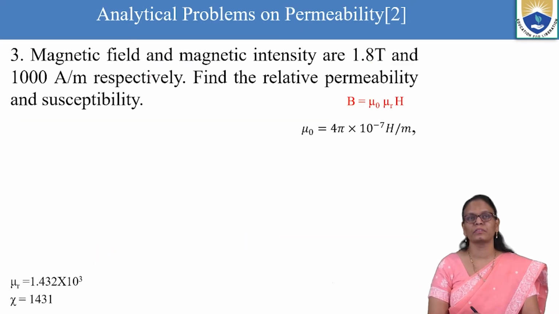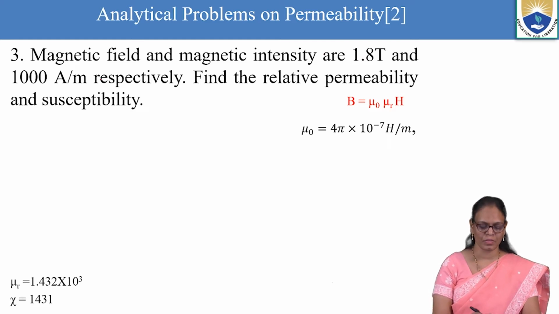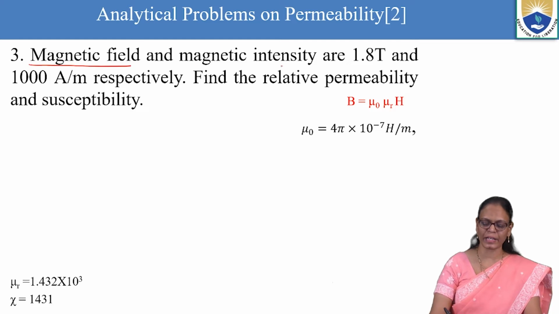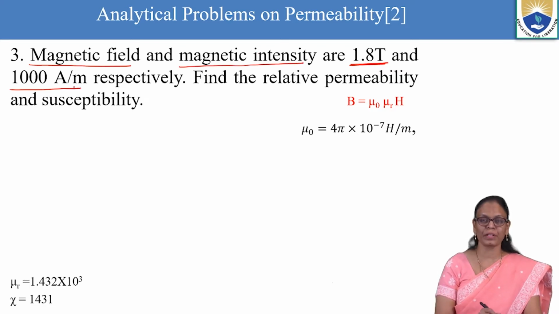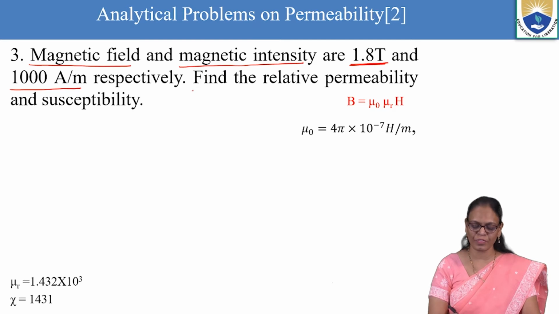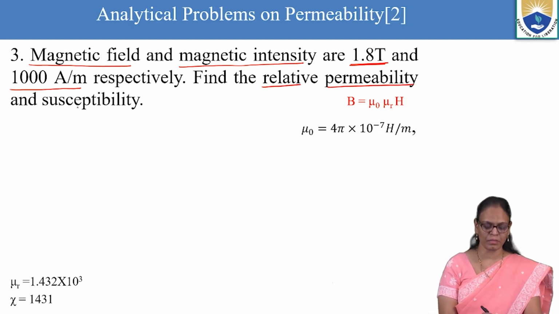So the next one is, magnetic field and magnetic intensity are 1.8 Tesla and 1000 ampere per meter. So the magnetic field or the magnetic induction is 1.8 Tesla and the magnetic intensity H is 1000 ampere per meter. What we have to calculate is the relative permeability and susceptibility.